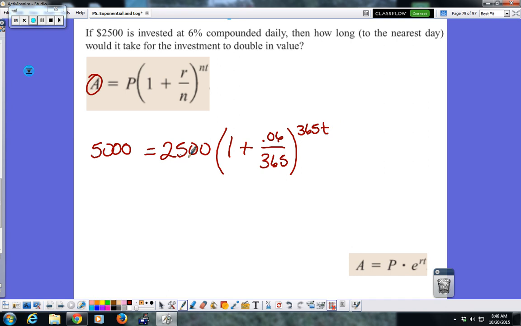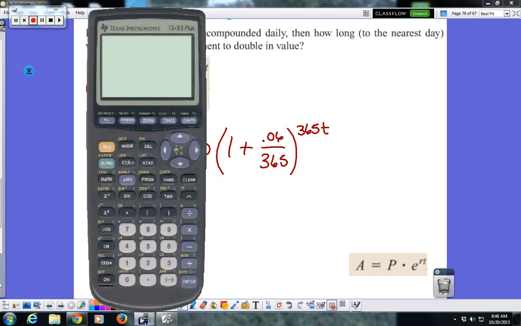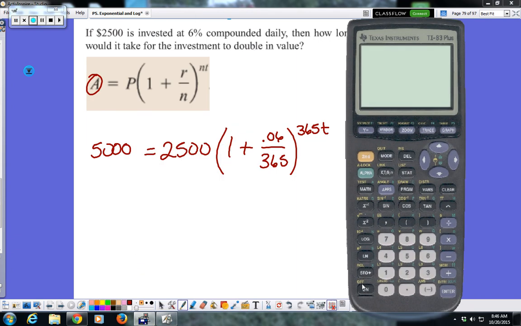First step, well, before we do this, let's clean this up. So in my calculator, I'll show you how I would type this in. I'm going to do 0.06 divided by 365. And I'm going to add 1 to that.